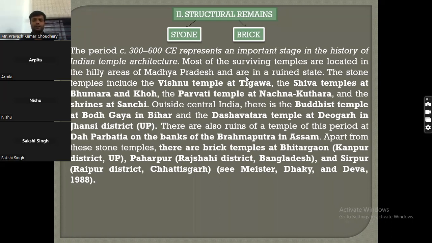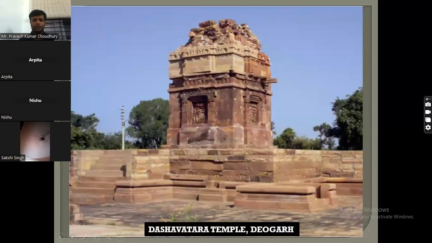Like, for example, when you look at this, this is a temple that we come across at Devgarh, called the Dasavatar temple.